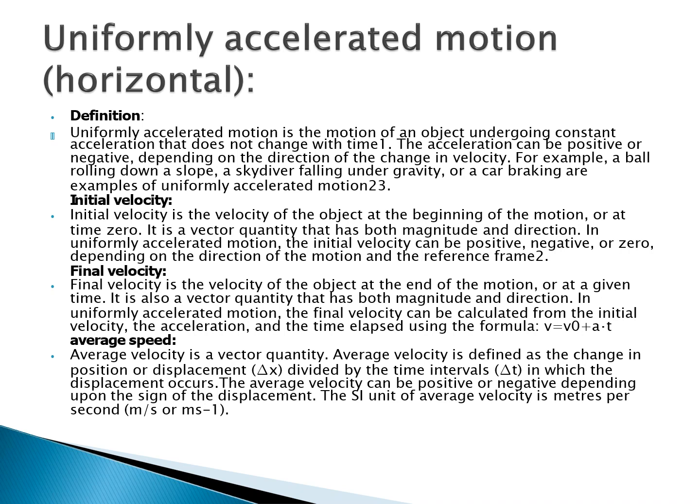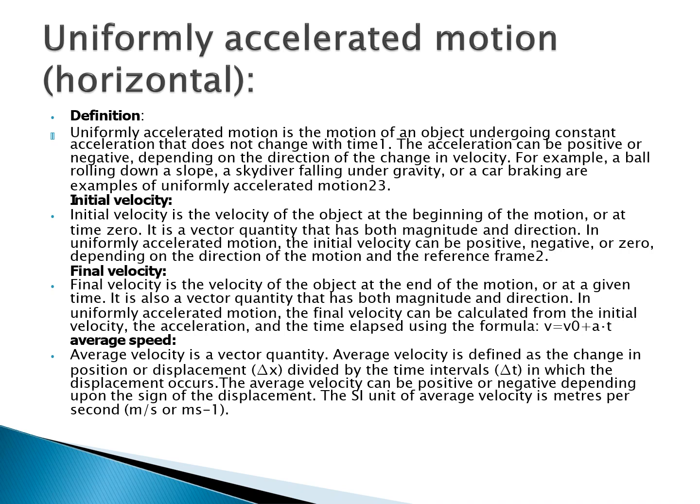In the horizontal direction, the velocity in the x direction will be constant since there is no acceleration. Therefore, we can apply the equations of motion separately in two directions to get results.